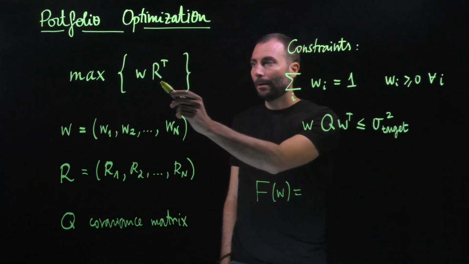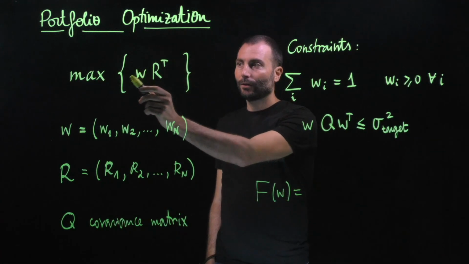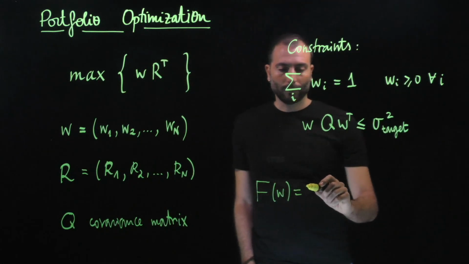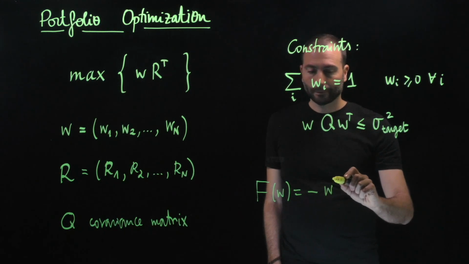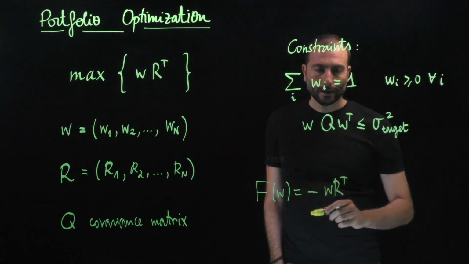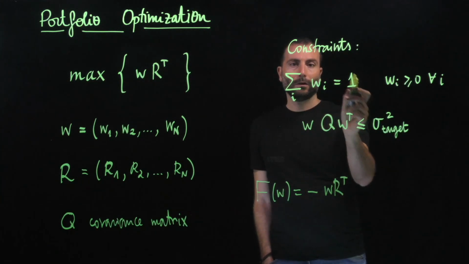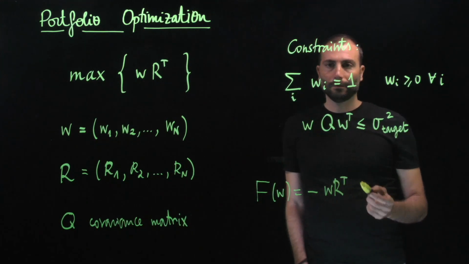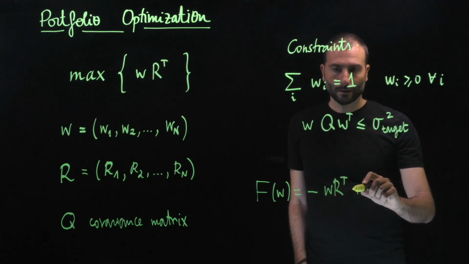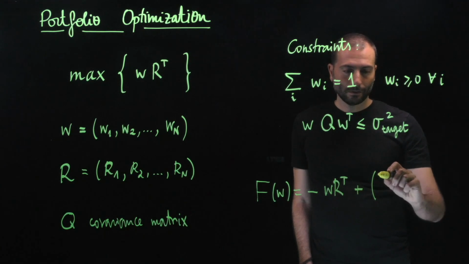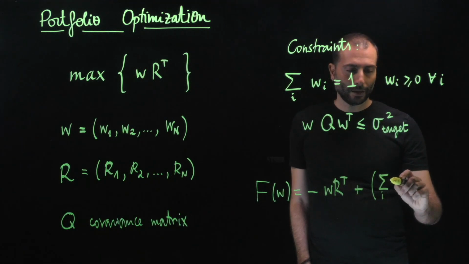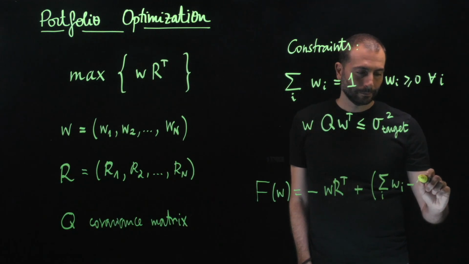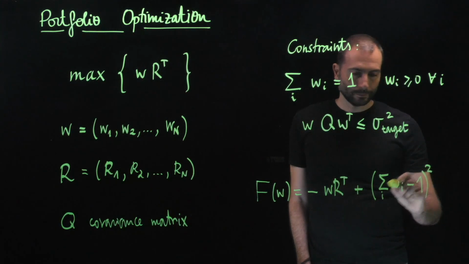We want to maximize this quantity, therefore we want to minimize its negative, subject to the constraints. Now we will have to add the Lagrange multiplier.